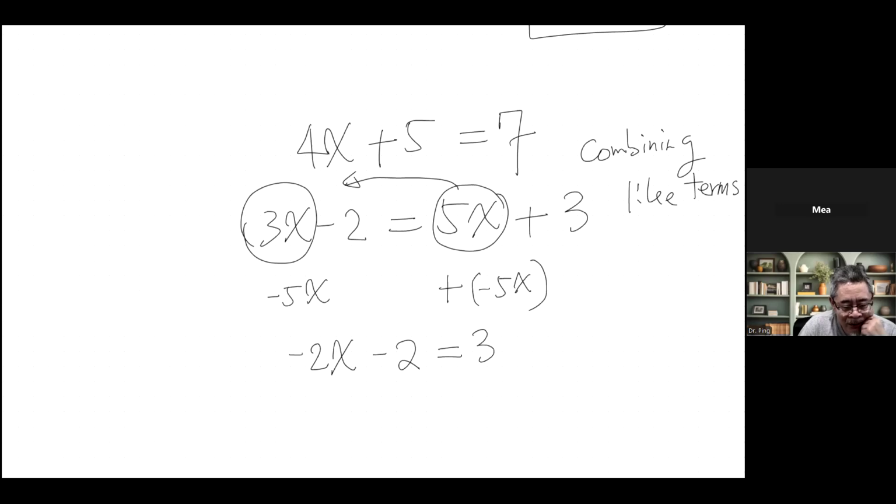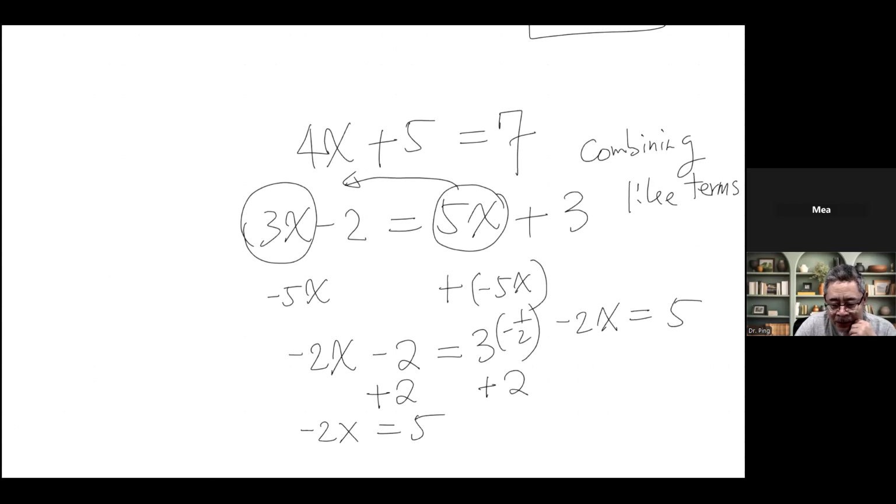Okay, now we have to move this over. So we're going to add 2 on both sides. You can see that no matter what we do, we just either add or subtract or multiply or divide. And then we got negative 2x equal to 5. So negative 2x equal to 5, what we're going to do is times negative 1/2.